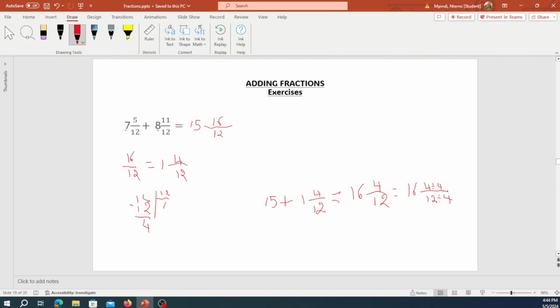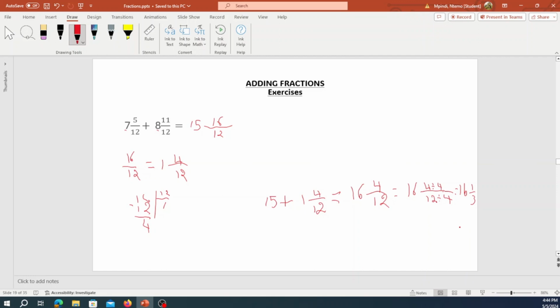Equals, we write our 16 here. Now 4 divided by 4 equals 1. 12 divided by 4 equals 3. This is our final answer.